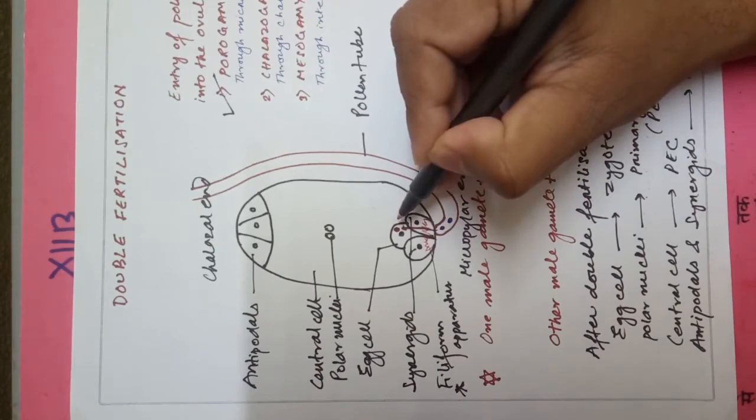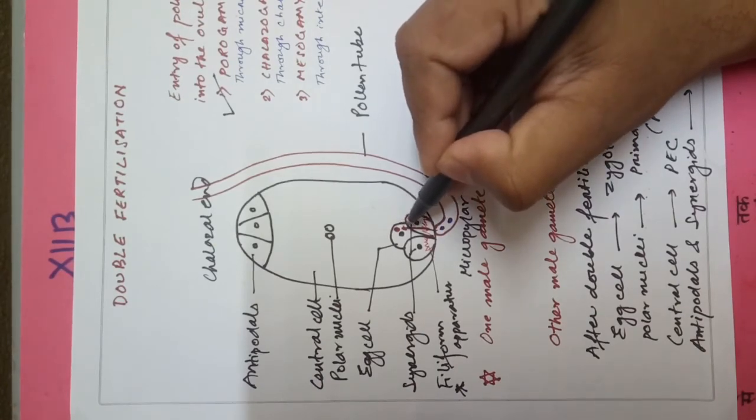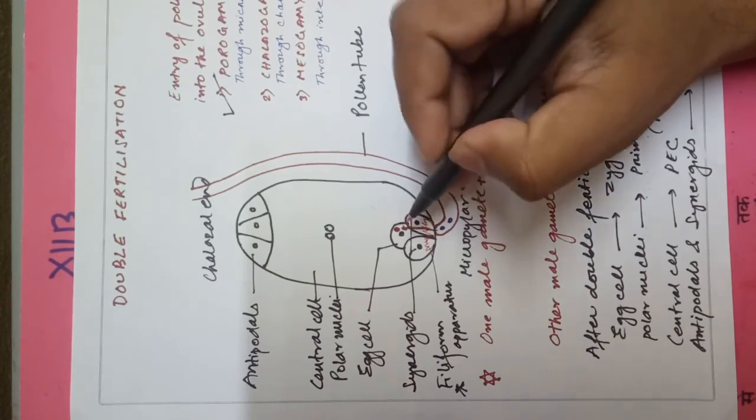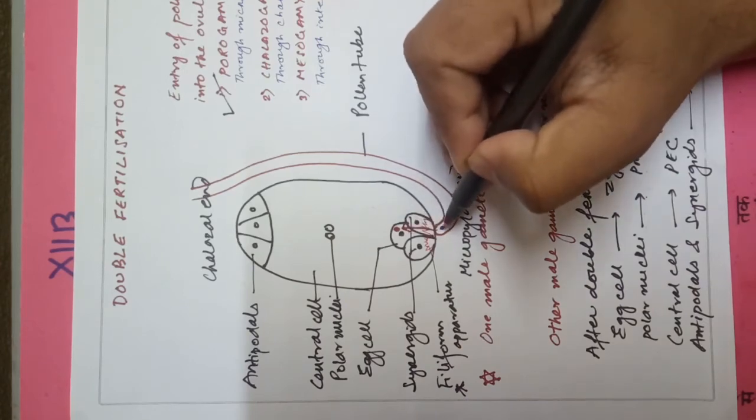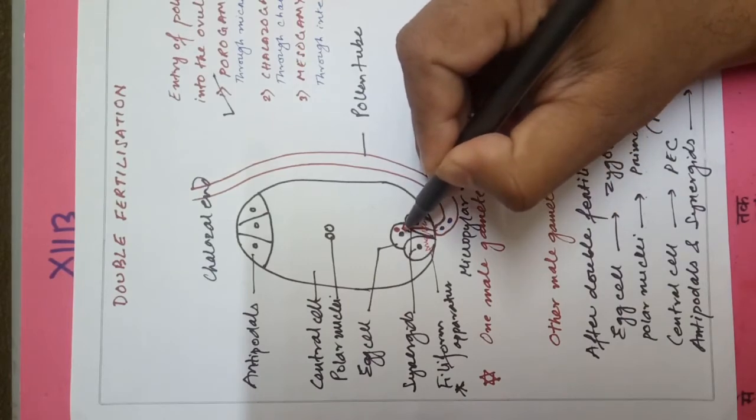It enters the egg cell and fuses with the nucleus of the egg cell. So this is one fertilization: one male gamete fusing with the nucleus of the egg cell.